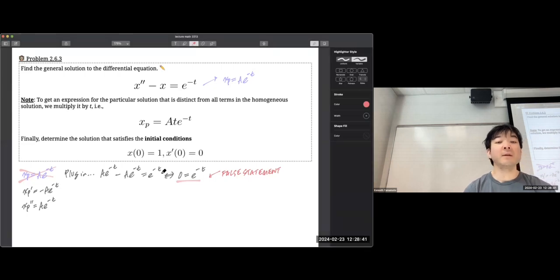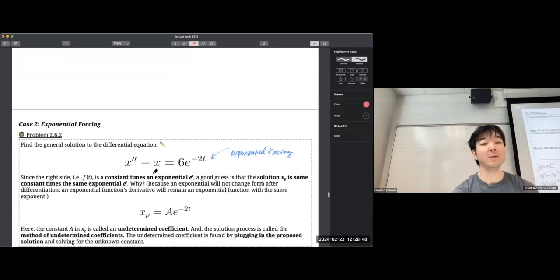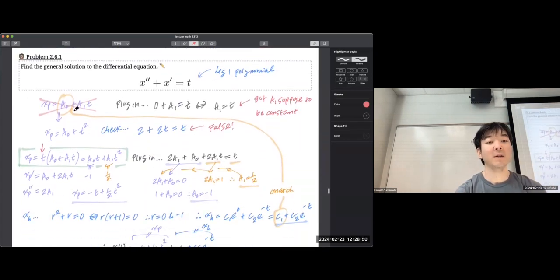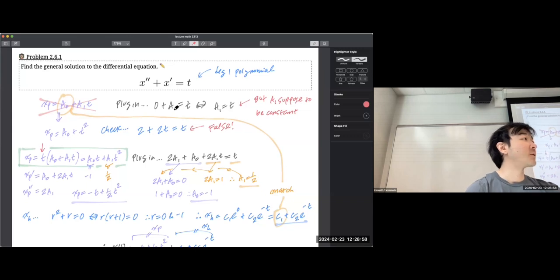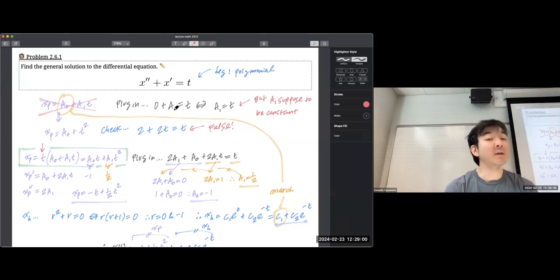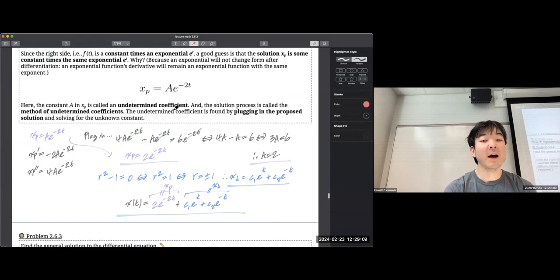So in the polynomial case, we kind of intuitively expected that. What did we see? We saw that basically this one's just not enough. We need to multiply by t, because then after taking all these derivatives, that leaves at least an extra factor of t that will show up on the right-hand side. That kind of intuition you may not have for this one.